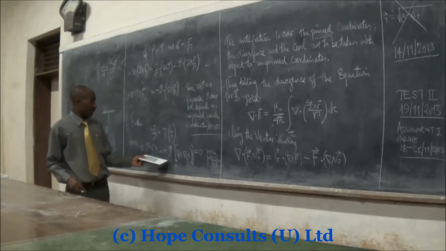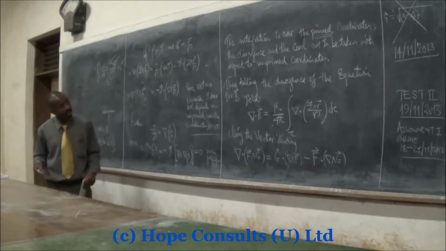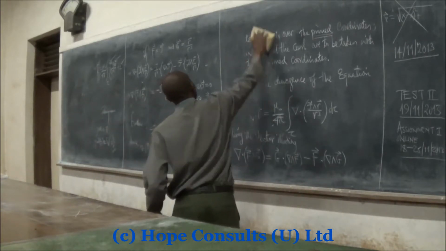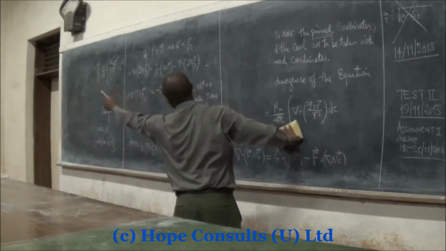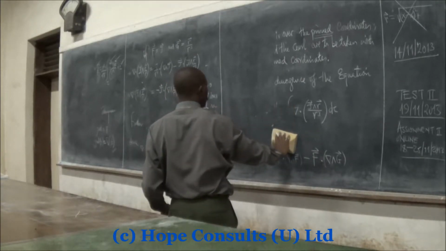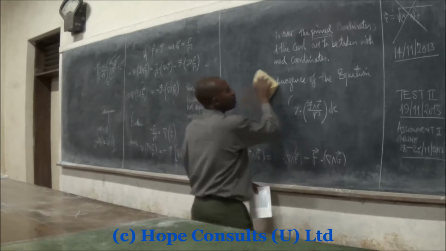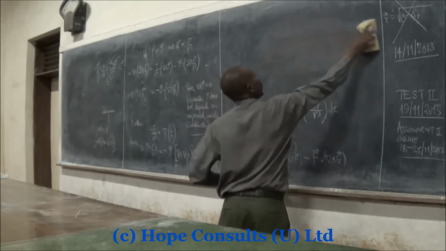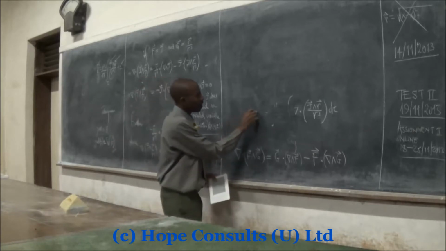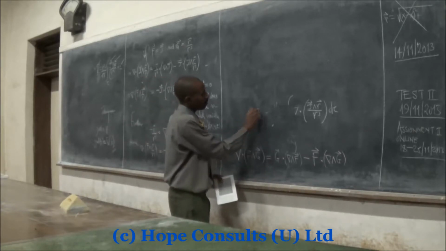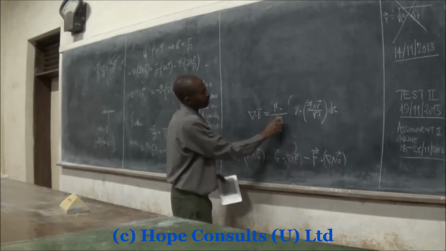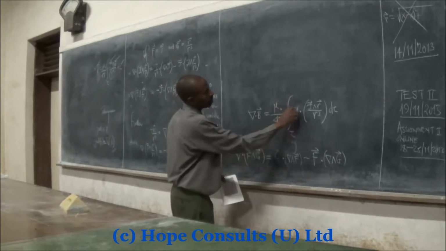So this now gives us an idea that the divergence of B, which was on the left side from where we began, is equal to mu naught over 4 pi integral over tau of this.